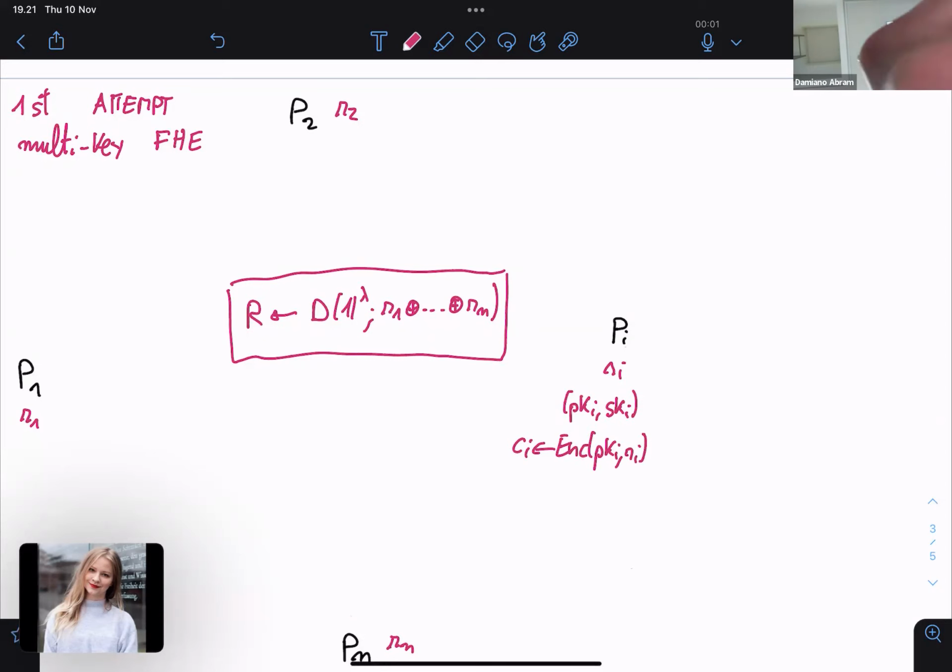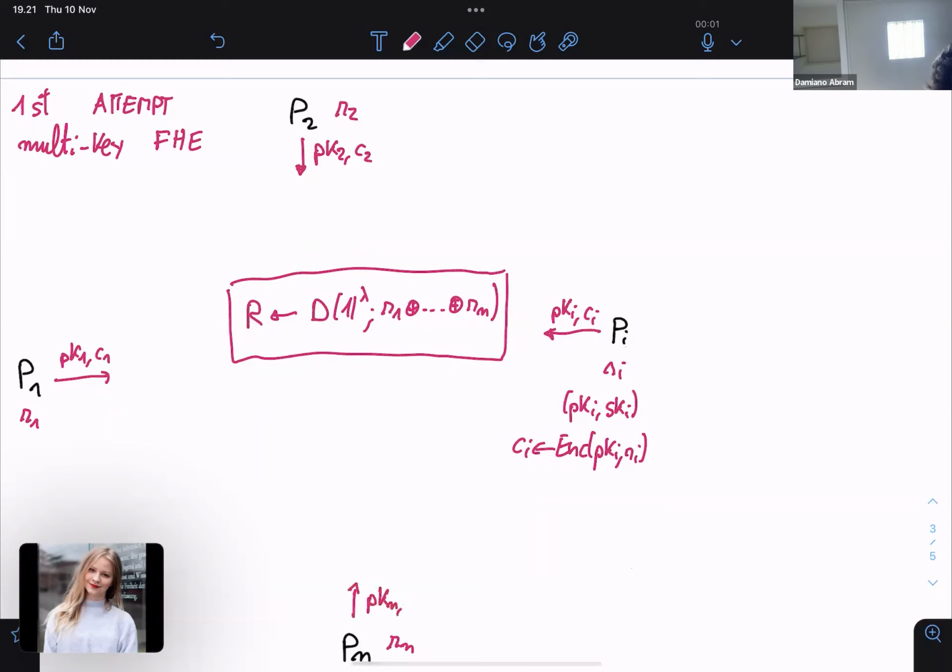And party Pi will send to the other parties PKi and Ci. So here we get PK2, C2, PK1, C1, PKn, Cn. Okay, now we have n ciphertexts encrypting the n random strings. They are all encrypted under different public keys, but this doesn't matter.